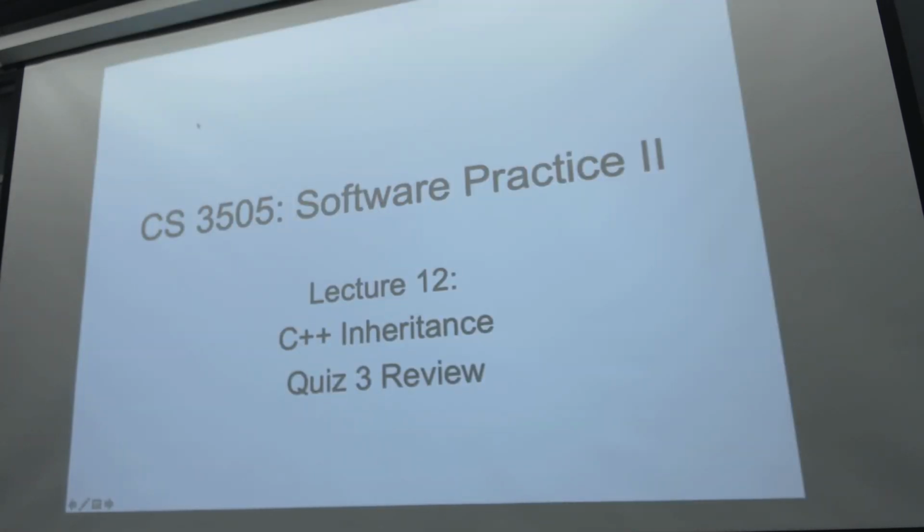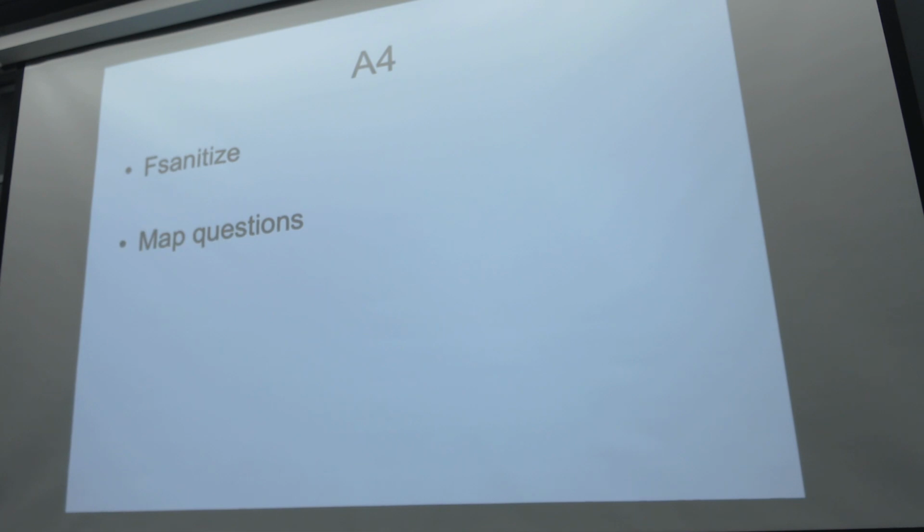Let's start by talking about A4 a little bit. There was some discussion on Piazza yesterday about people that submitted unit tests that all seemed to run, and then it said unit tests have crashed or did not run properly, which didn't seem right. On further investigation, Google Test and the -fsanitize flag don't seem to play together well.